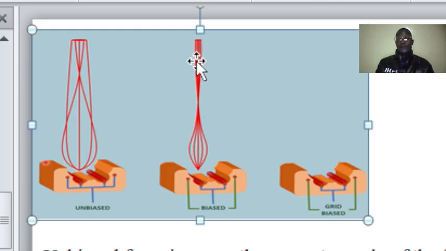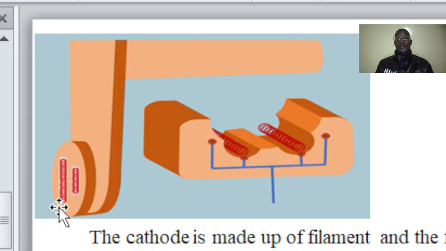This also leads us to this type of electrons being produced, and as you can see how they're being focused. If you want to focus it in a very small effective focal spot, then it is proper you use this, and this is also informed by the type of filament that is used. We have two types of filaments, a longer filament and a shorter filament, which we just showed here.